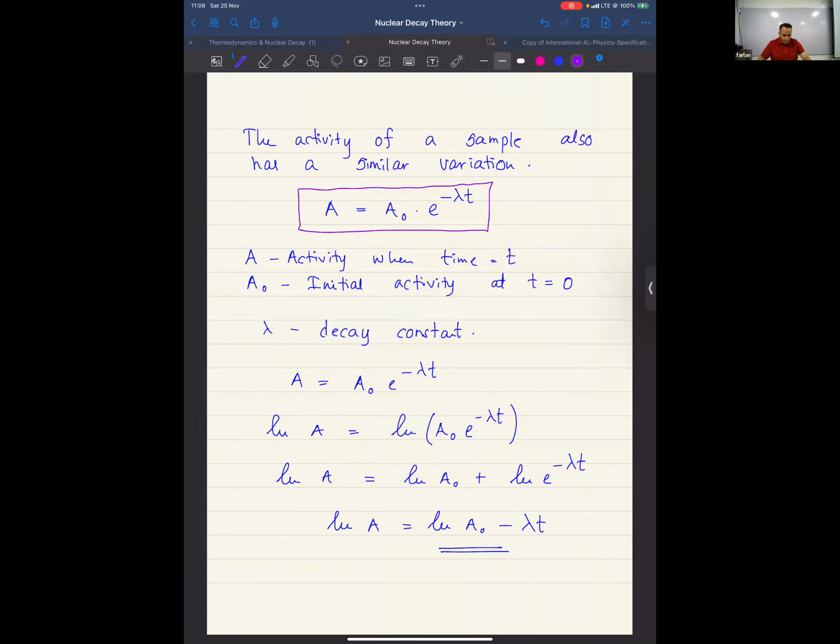So ln A equals ln A naught minus lambda t. Just take it down for now as a different equation. There are certain questions where the ln form will be helpful. When you do examples, you will get it.